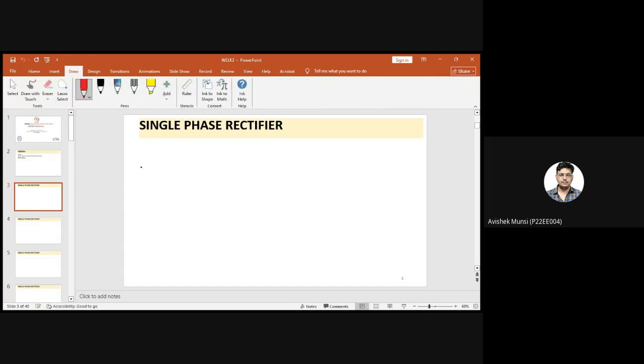First, let us consider a single phase half wave rectifier with L load. First we'll discuss the uncontrolled case.